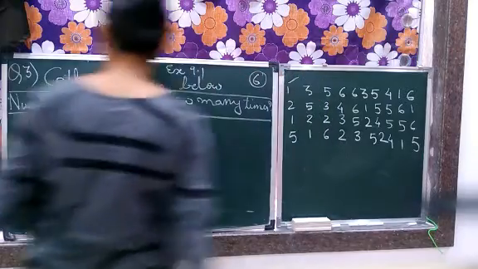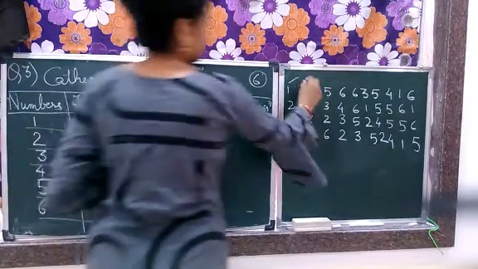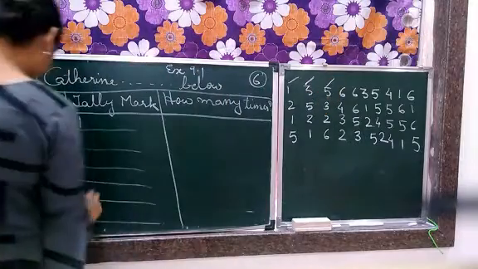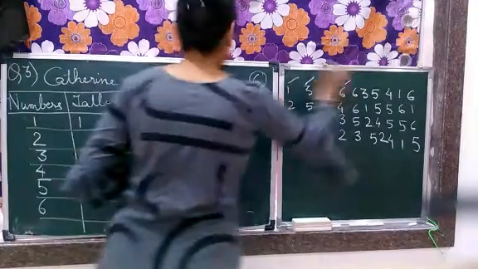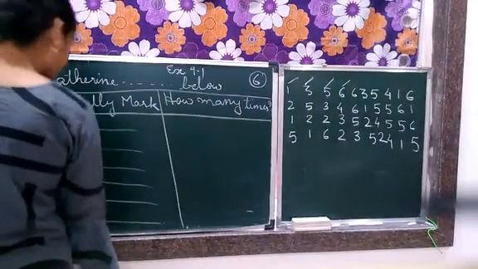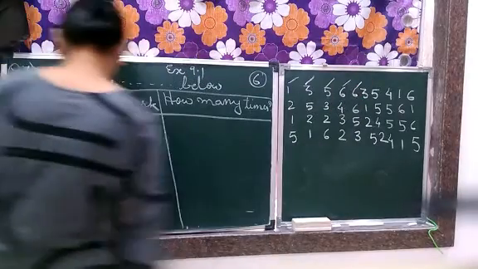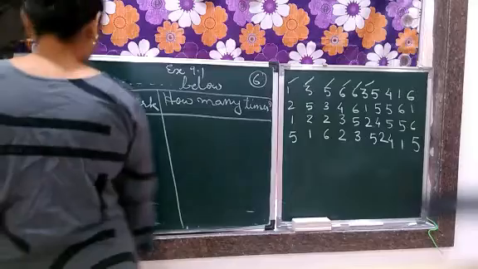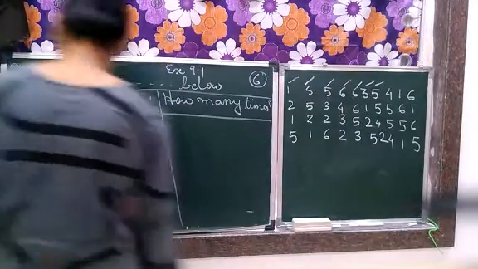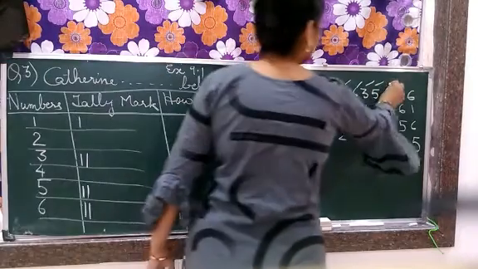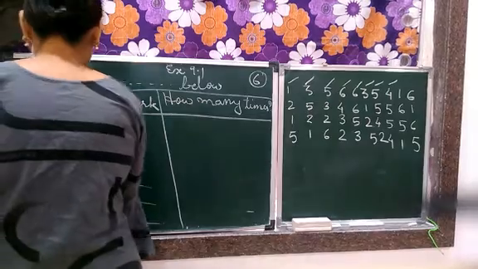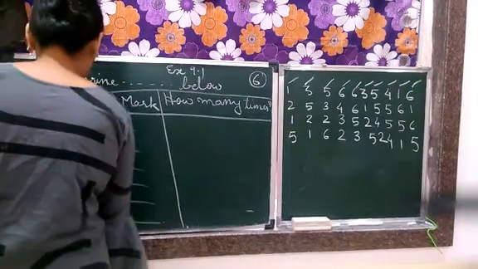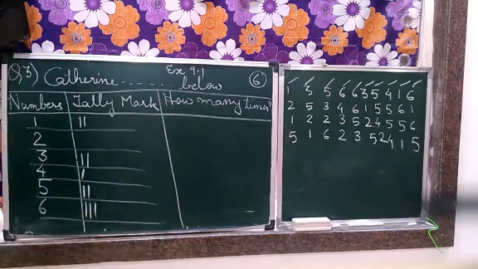First one: 1, 1, 3, 3, 5, 5, 6, 6, 6, 6, 3, 3, 5, 5, 4, 4, 1, 1, 6, 6. Okay, first line over.